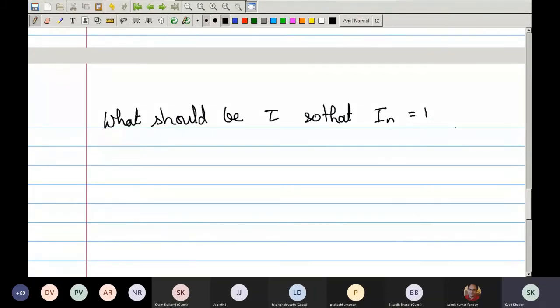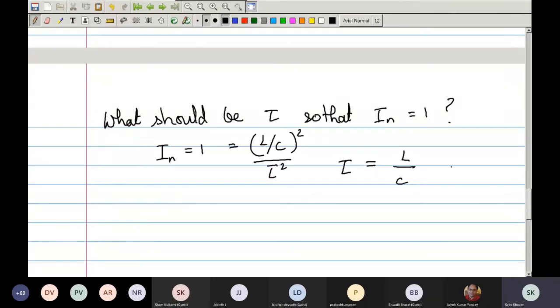So what should be the load application time so that the inertia number is significant? The inertia number is 1, and this is L by c, squared, by tau squared. So your tau should be of the order of L by c. Whenever tau is equal to L by c, inertia dominates.